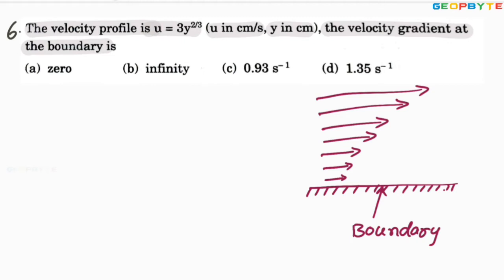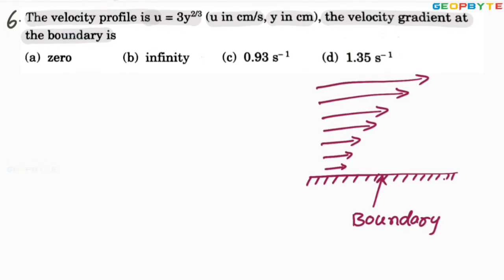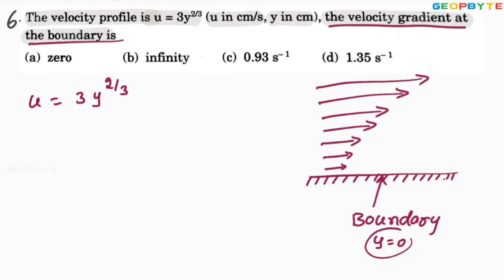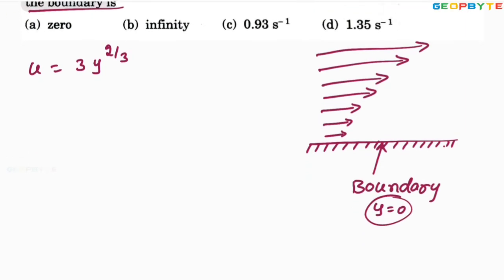So here the velocity at a particular layer u is given as 3 into y power 2/3. The velocity gradient at the boundary y equal to 0. Indirectly you are asked to find the velocity gradient du by dy at y equal to 0.